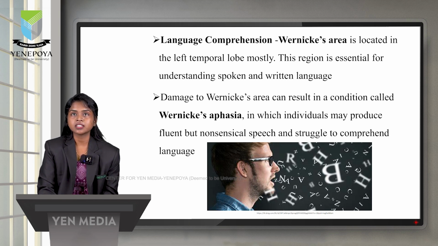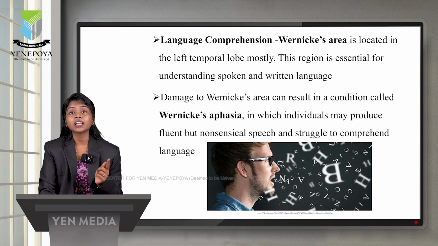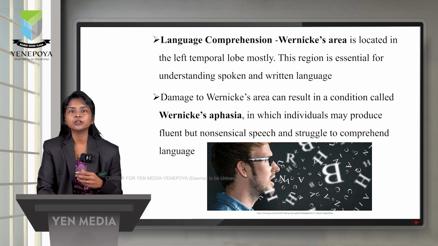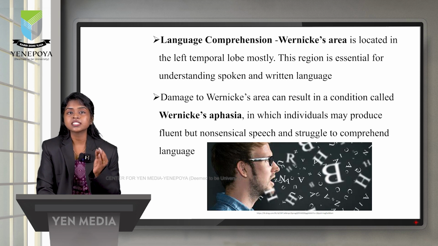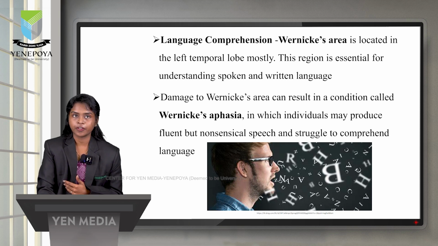This region is essential for understanding spoken and written language. Any damage to Wernicke's area can result in a condition called Wernicke's aphasia, in which the individual may produce fluent but nonsensical speech and struggles to comprehend language. The person can talk fluently about anything, but irrelevantly, so nonsensical speech will be there. That is the condition called Wernicke's aphasia.